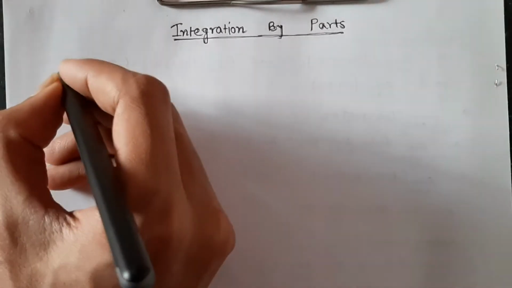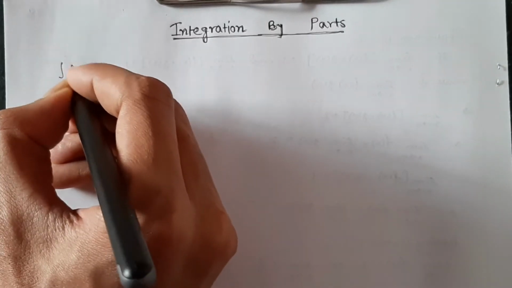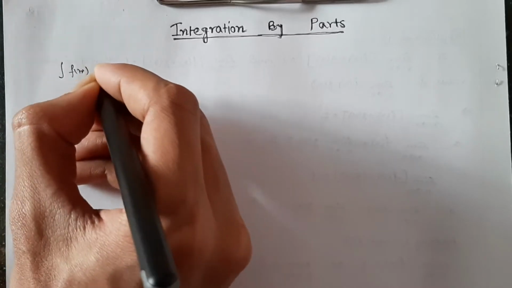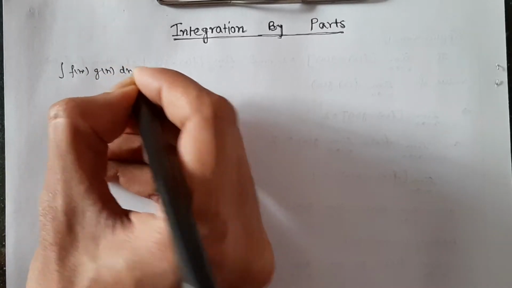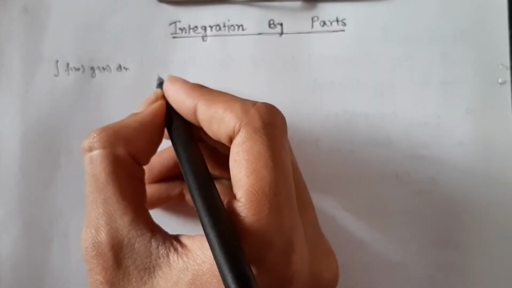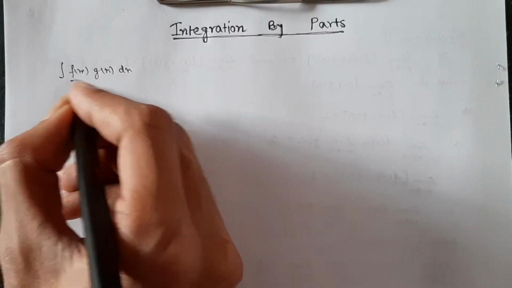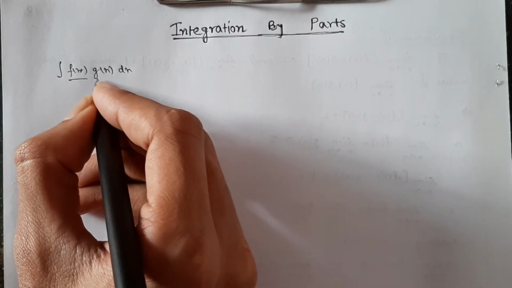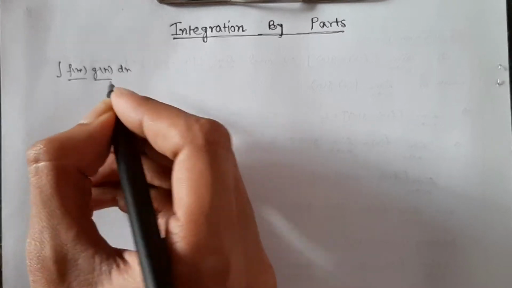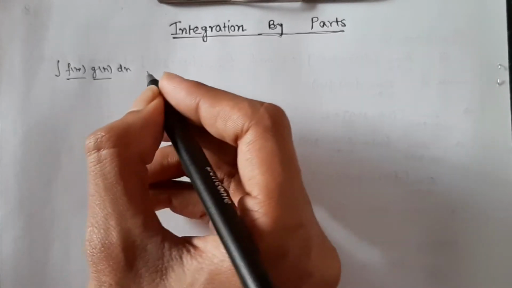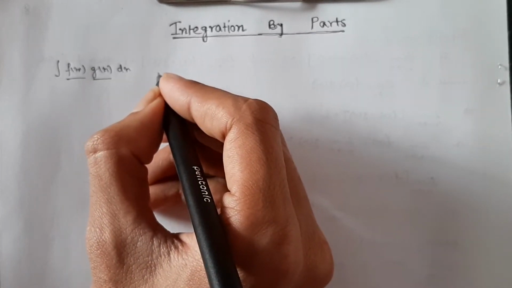Actually, if an integral is like f of x, g of x, dx, then we should use integration by parts, where f is a function which can be repeatedly differentiated, and g of x is a function which we can repeatedly integrate.